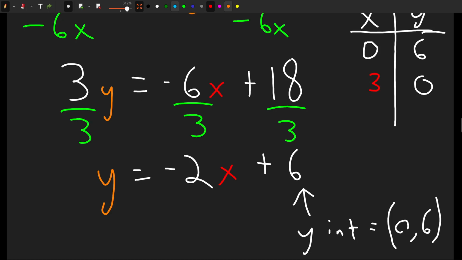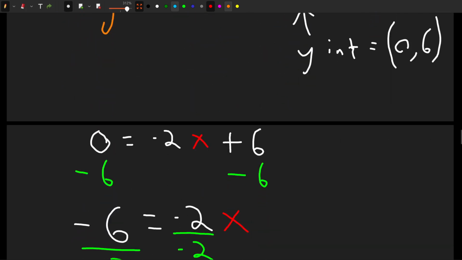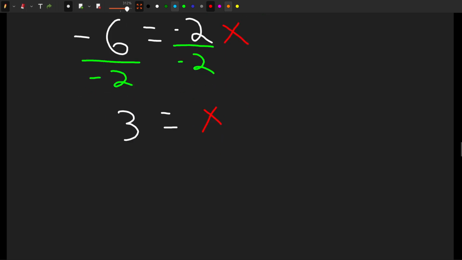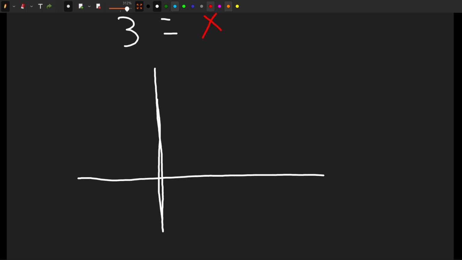Okay, now I just have to go ahead and graph those. So I have 0, 6 and 3, 0 that I have to graph, and then draw a line between them. So if I get my graph going, 1, 2, 3, 4, 5, 6, 1, 2, 3. Here's my x, here's my y. I have one point at 0, 6.